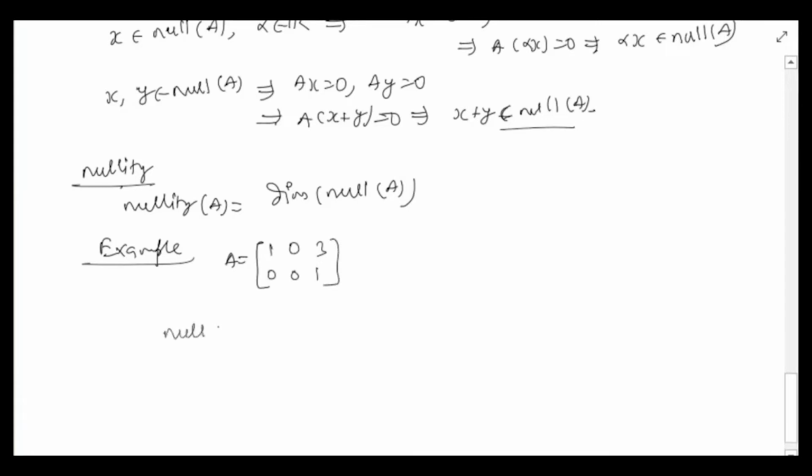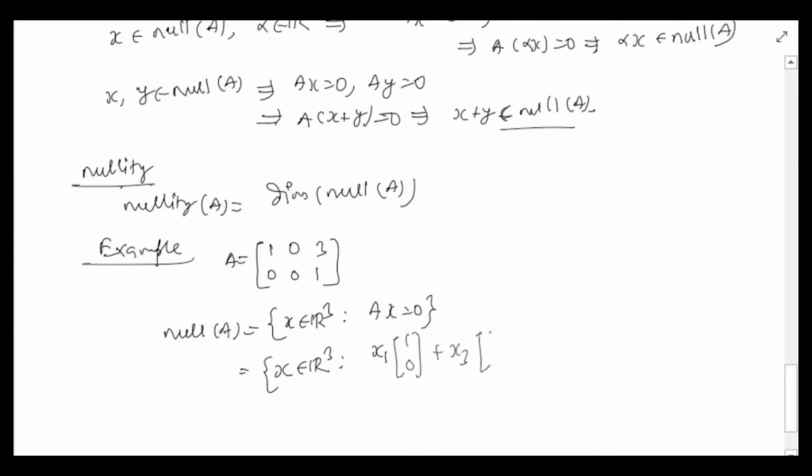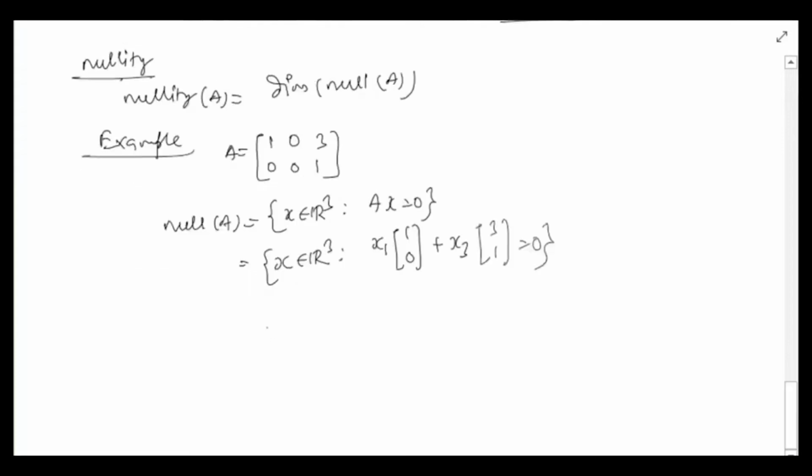Null space of A would be defined as all vectors x in R^3 such that Ax is equal to 0, which is x in R^3 such that x1 times (1, 0) plus x3 times (3, 1) is equal to 0, which in turn means that null of A is equal to x in R^3 such that x1 plus 3x3 is 0 and x3 is equal to 0, which in turn can be seen to be equal to the collection of all vectors x in R^3 such that x1 equals x3 equals 0.